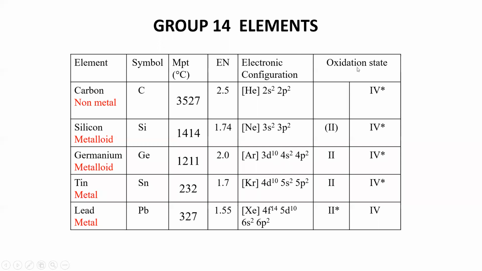The oxidation states for your group 14 elements are usually +2 and +4, but they are more stable in the +4 oxidation state. They are all stable in +4, but lead is more stable in +2 than +4, while the others are more stable in the +4 oxidation state.